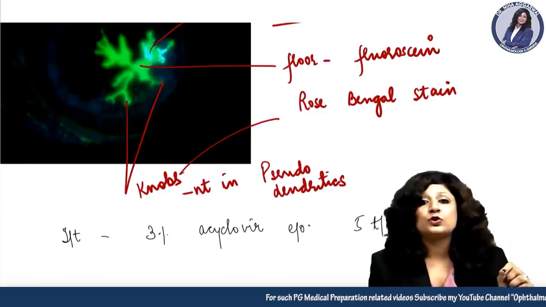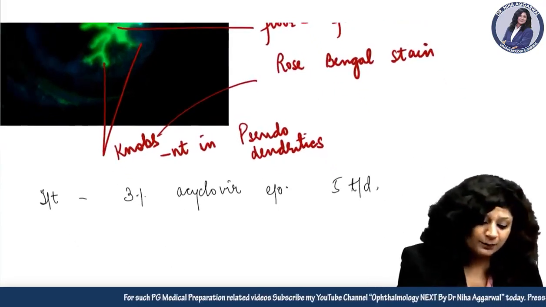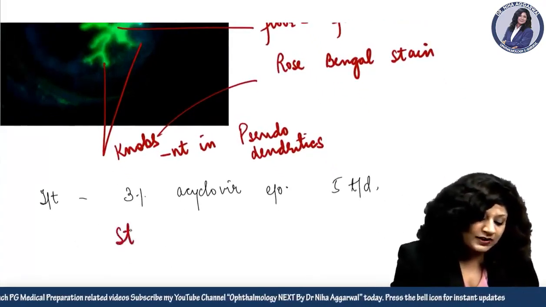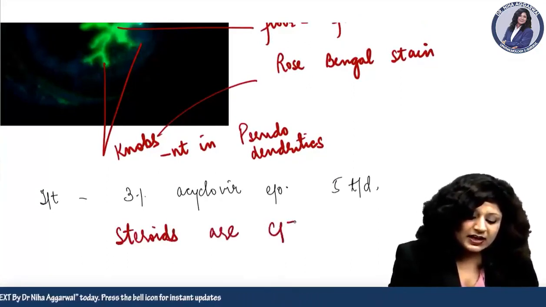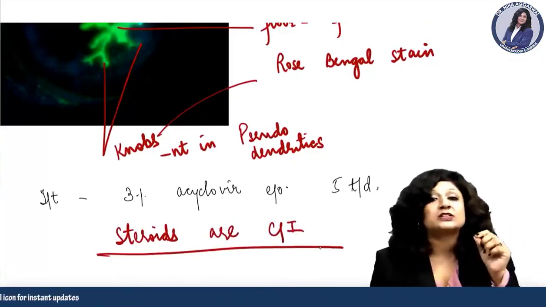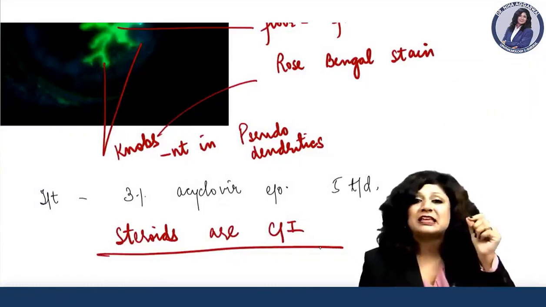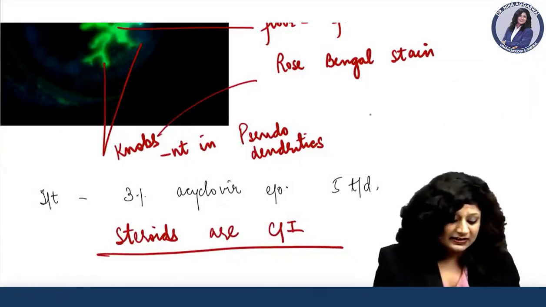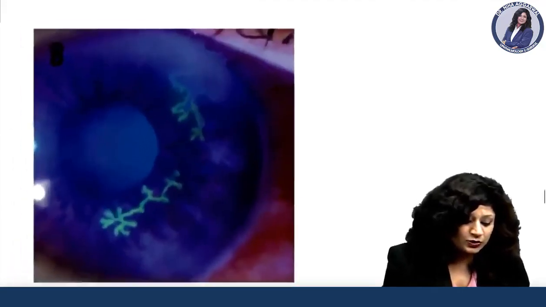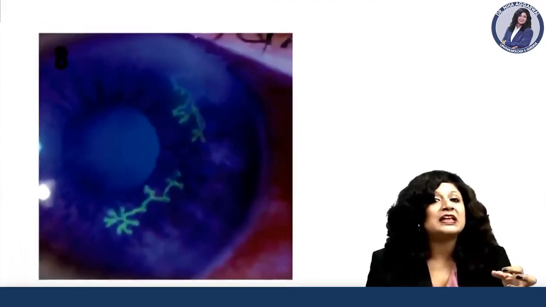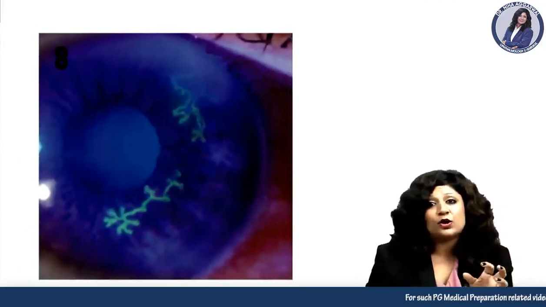Now, what you should not give here, that is again very important. Steroids are contraindicated, because if you give steroids in the dendritic phase, it can actually lead to enhancement. See, this is also a dendritic ulcer, again a tree-like arborizing pattern along with the knobs.